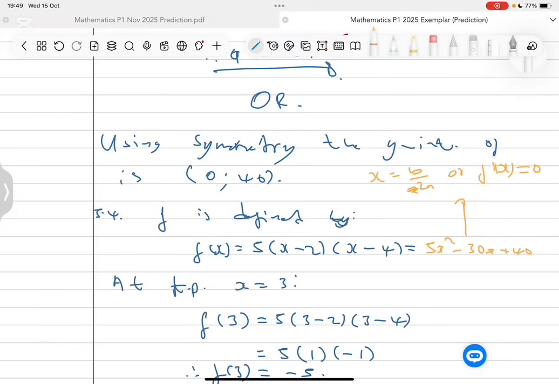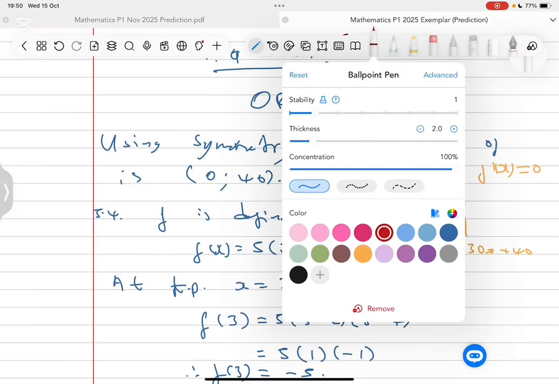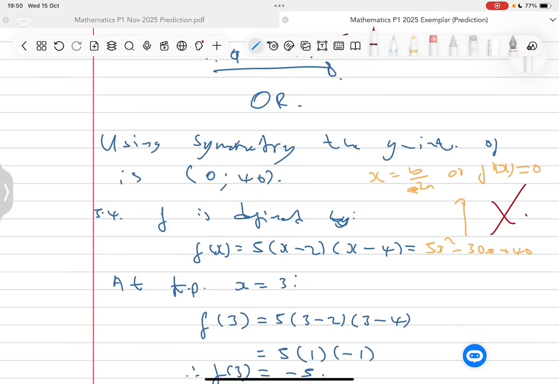But it is not necessary to use these methods because already we have the x value here. It will be a waste of time. So here you just have to find the function value from the equation that we're given. You can use this equation here, or you can take it here and find the answer.